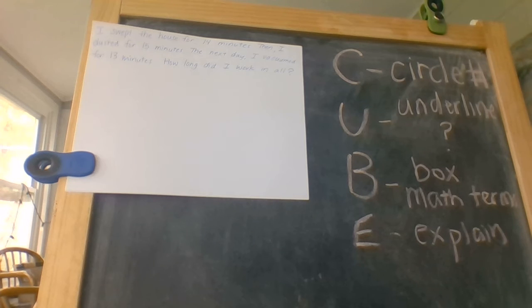So CUBE: circle the numbers, underline the question, B, box in the math terms, and E, explain.